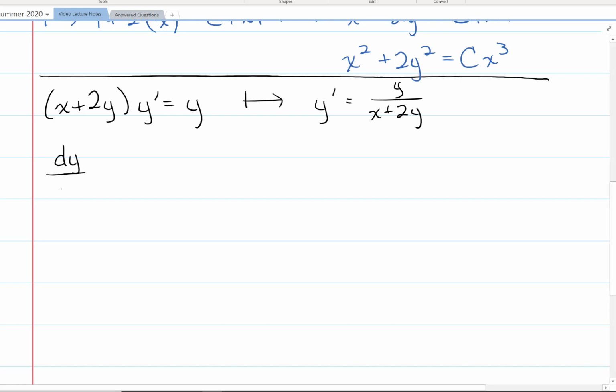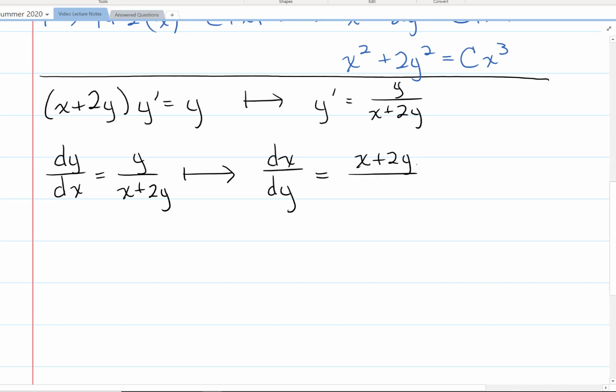So here's our equation, right? If I, instead of y prime, write it as dy dx, right? Then look what I can do. I can invert both sides, dx dy, right? If my answer is going to be implicit, then this doesn't matter.